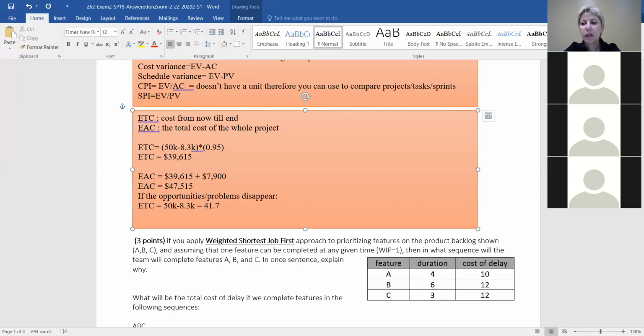So Matthew, here $1 left, $1 spent. So $1 worth of work is left to be done. You would need to just spend $1 on it. So that's the meaning of problems disappearing or opportunities disappearing. We don't multiply by 1/CPI anymore. So we just assume that for every $1 worth of work, we need to spend $1, and that's the amount.